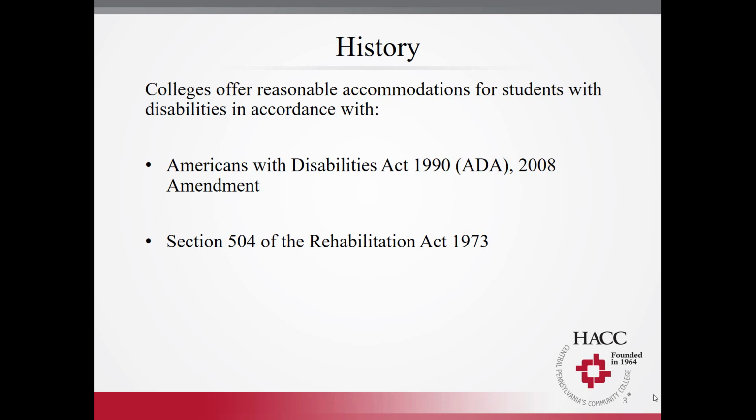Colleges have a legal mandate to provide reasonable accommodations to students who self-identify and request those supports by providing necessary documentation. HACC has chosen to take this mandate to a higher level by embedding inclusivity into our strategic plan.